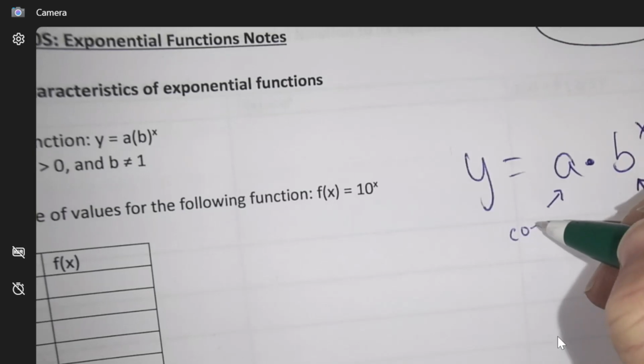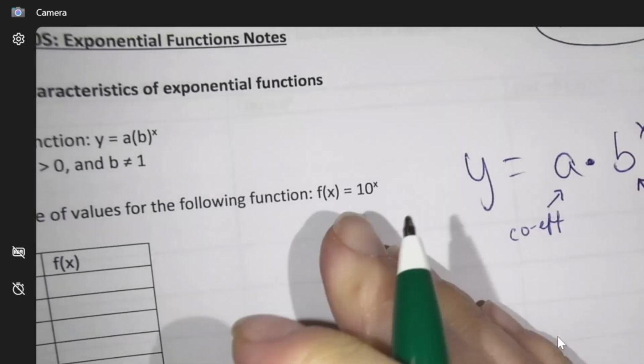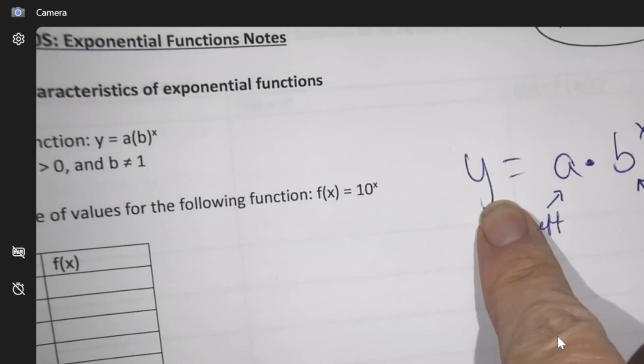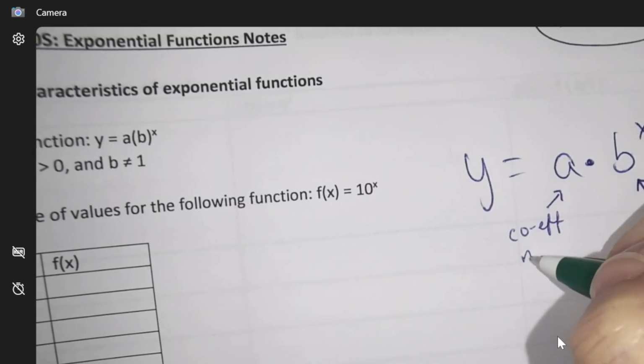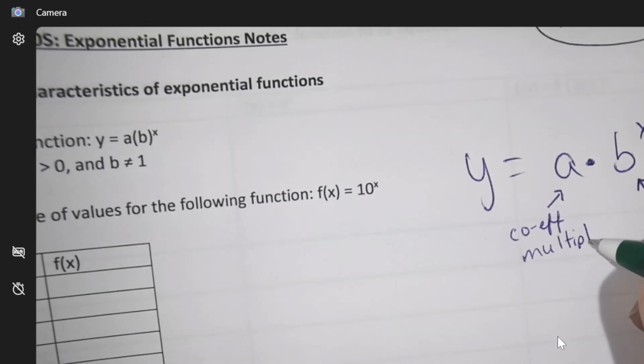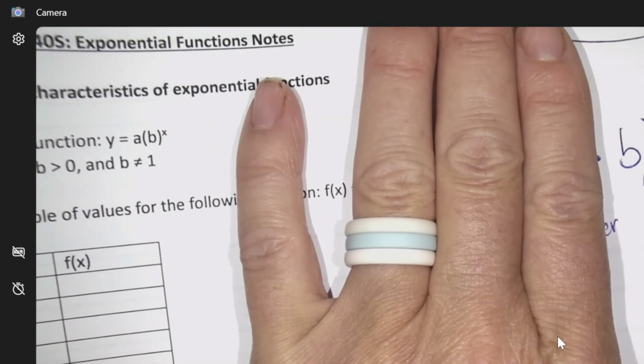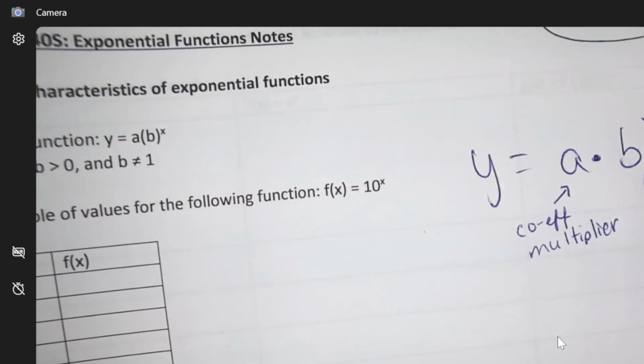And then this is actually detached from it because BEDMAS says you have to do this exponent, then multiply. So it's a coefficient multiplier. But do you know what I mean with BEDMAS? I'd have to do b to the x, get it, and then times it by a, right? It's separate.